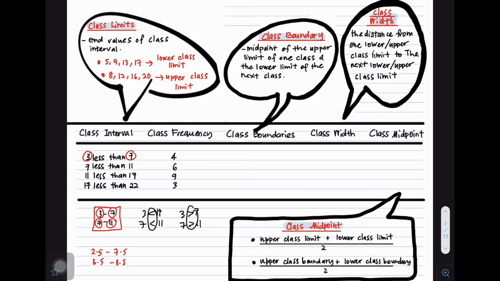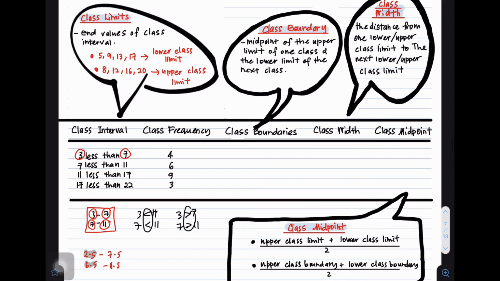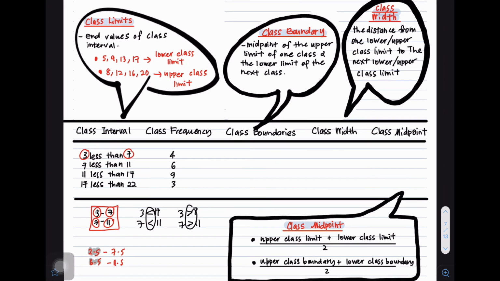And if you see, the class boundary is actually the value that is not included in the class interval. Value tu tak termasuk dalam class interval sebab class interval kita bermula dengan 3 sampai 7 sahaja. Boundary 2.5 sampai 7.5 is not included in the class interval.